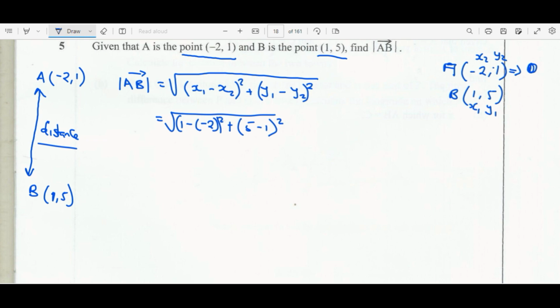Now what are you going to do when you reach this stage? It will be negative, and the negative gives you a positive there.